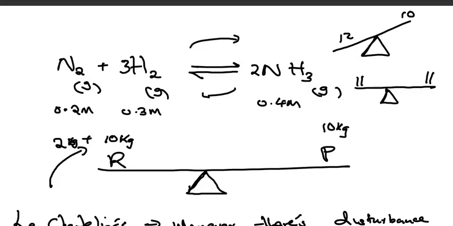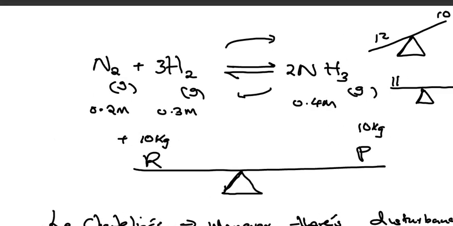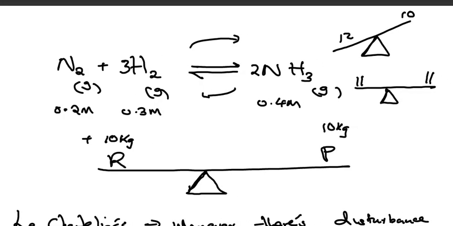Whenever there's a disturbance in the system, we have to take into consideration the side which is being affected, and what the effect is. Are we adding or subtracting? What if instead of adding 2, I subtracted 2 from this and it became 8?